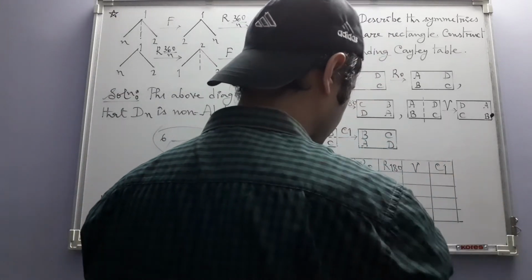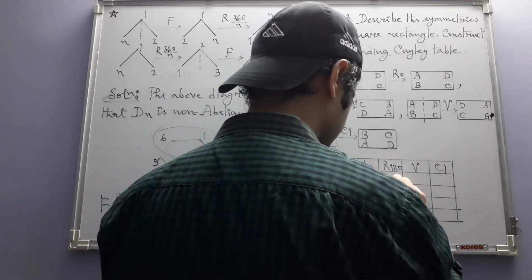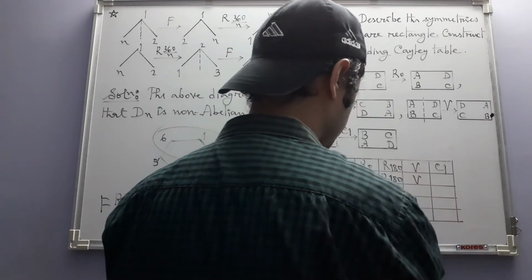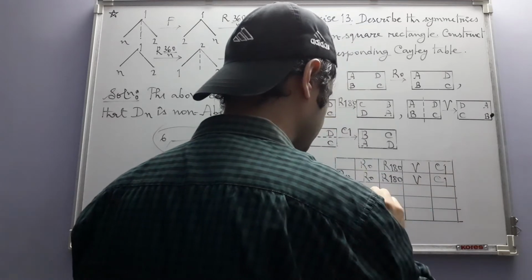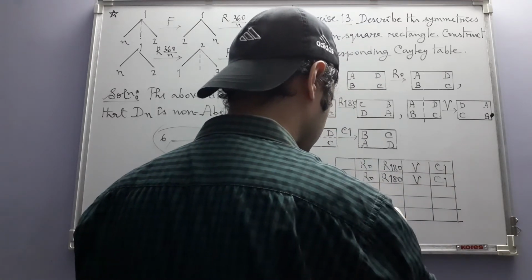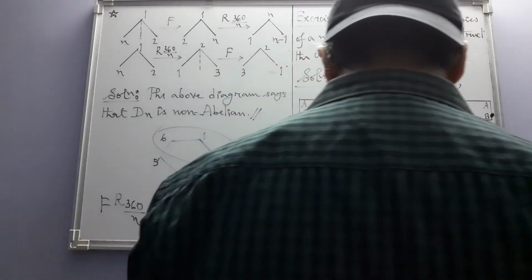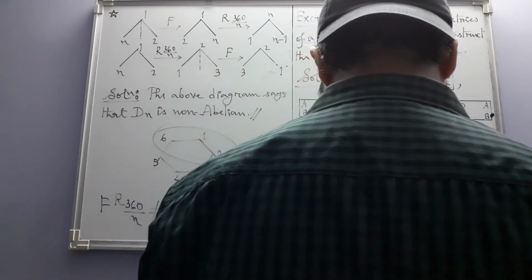So these rows and columns are just the symmetries or transformations themselves, because we are composing with the identity transformation R0. V and C1, and then we have this.